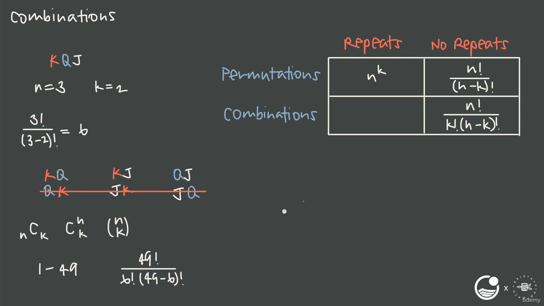This value simplifies to just 43 factorial, which means that we could rewrite this as 49 times 48 all the way down to 44, at which point the 43 factorial will cancel out the rest of the factorial in the numerator. So we have the product of 49 all the way down to 44, and then we have 6 factorial in the denominator.